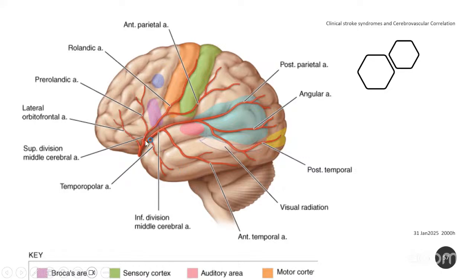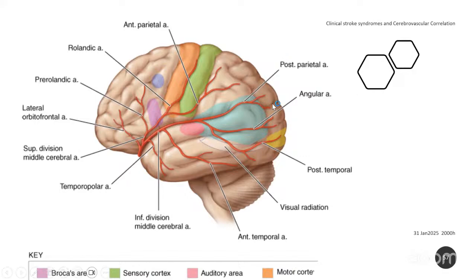If the inferior branch is occluded, what you get is mostly speech disturbance called Wernicke's aphasia. Here, as you can see, the motor area is not affected. So Wernicke's aphasia individuals suddenly develop incomprehensible, verbal logorrhea, verbal diarrhea type of speech, and they get admitted to psychiatry wards because there's no weakness.